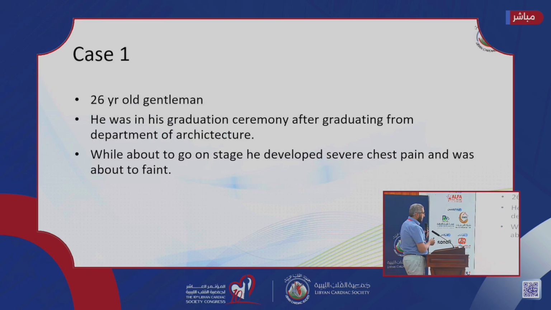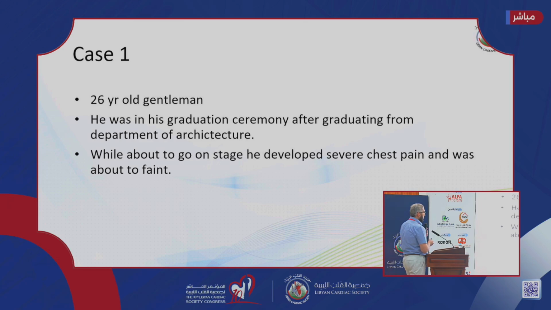I would like to present 3 cases in which I thought manual thrombus aspiration did help the patient. This patient came to us about 2 weeks ago. He's only 26. He was about to walk onto the stage for his graduation ceremony.